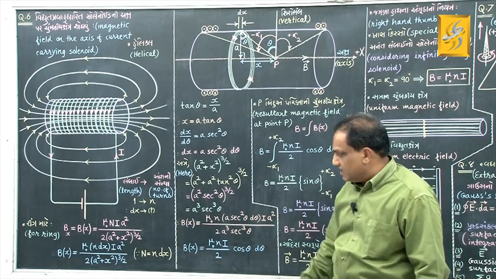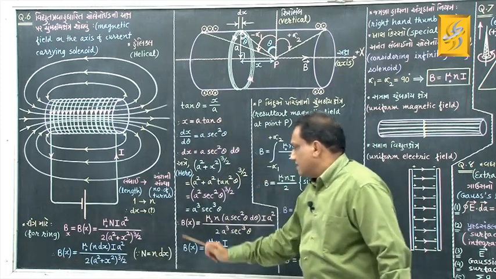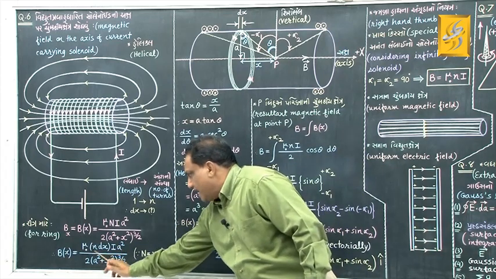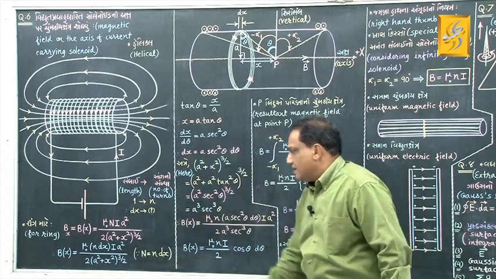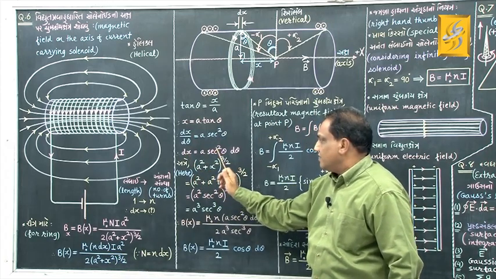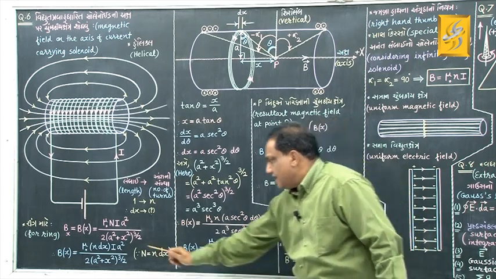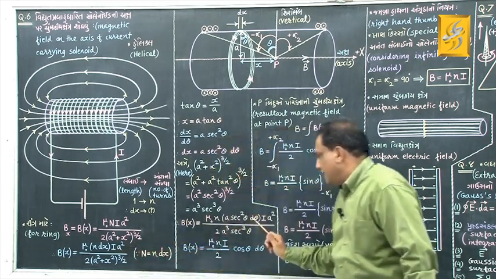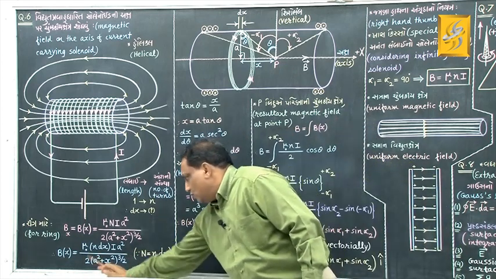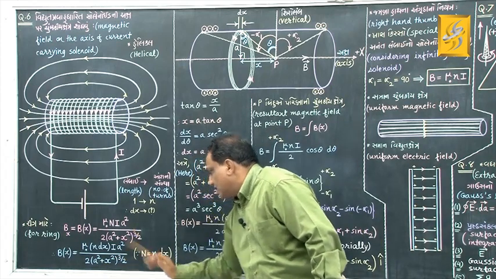Substitute those values in this formula now. Start with this, B as a function of x equals mu 0 n, and now it is dx. Dx formula is a sec square theta d theta, into I into a square, correct? Divided by 2 into (a square plus x square) whole raised to 3 by 2.